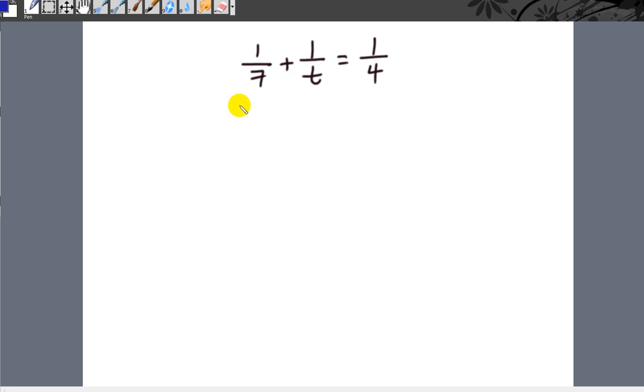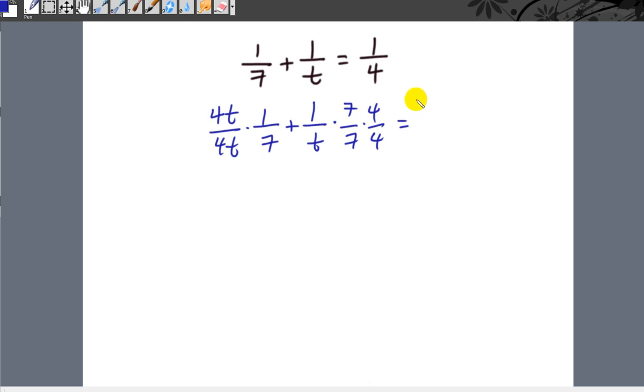So we can start by multiplying by 4t, times 1 over 7 plus 1 over t. We have the 7 and the 4 missing, so we can multiply top and bottom by 7 over 7 and 4 over 4. You can just put 28 if you want, that's fine.